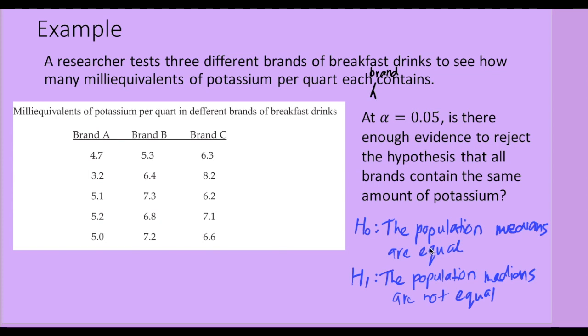The next step would be to compute the test statistics. So in order to do this, we would have to arrange all of this data from the lowest to the highest value, and then we have to rank each value. So let's do this now.